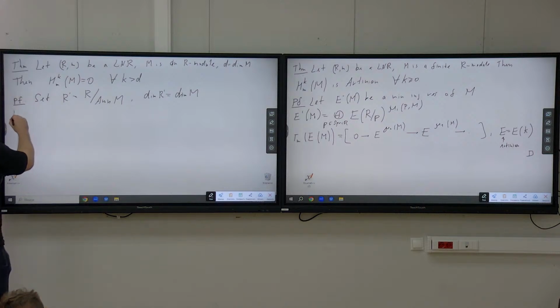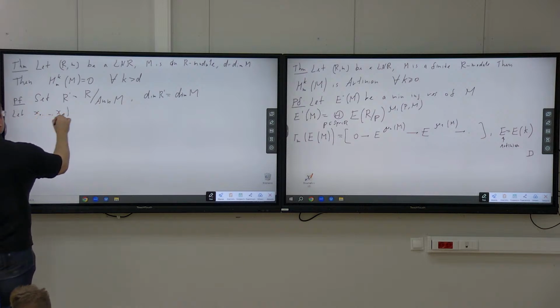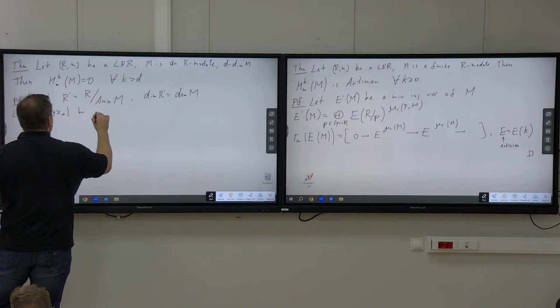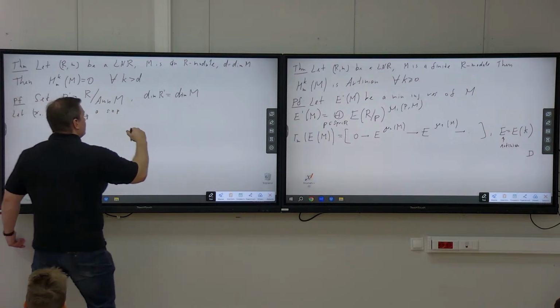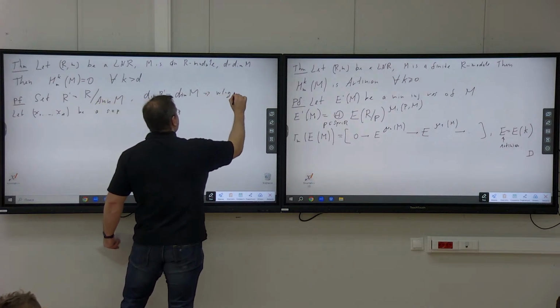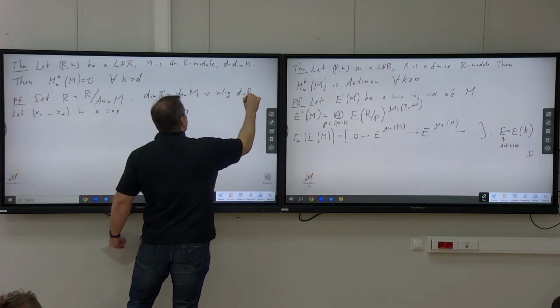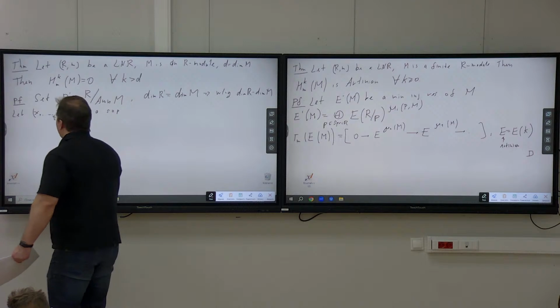Okay, so let x1 up to xd be a system of parameters. Without loss of generality, I want to assume that the dimension of R is equal to the dimension of M, otherwise I go to this R'.